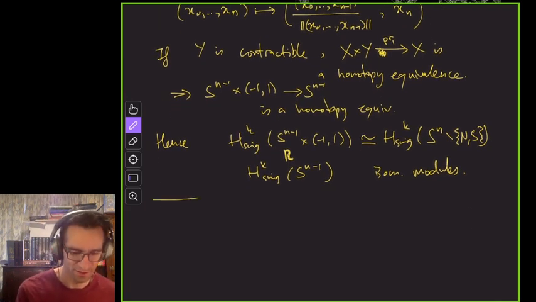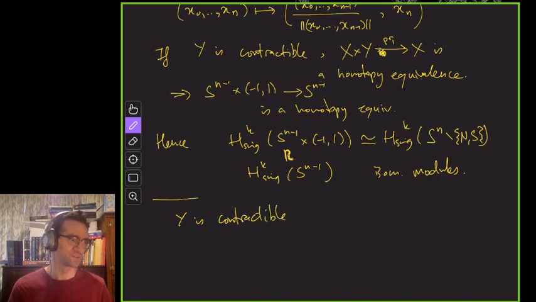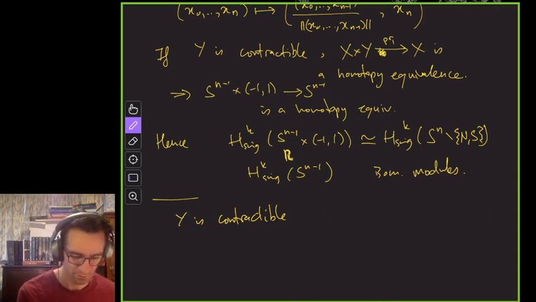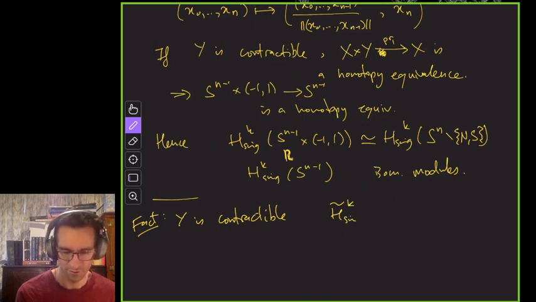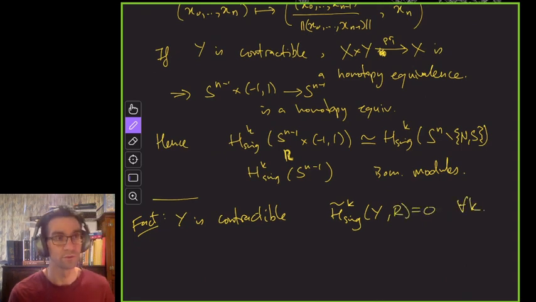So here's another example. If Y is contractible, everything also works with reduced cohomology. So here's a fun fact: the reduced singular cohomology of Y is 0 for all k.